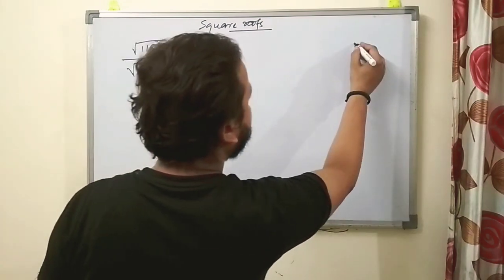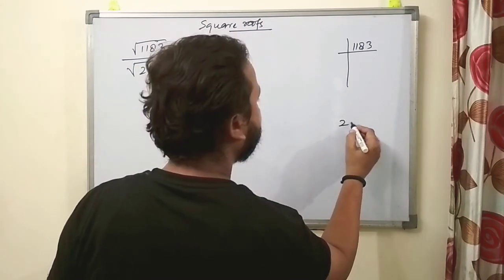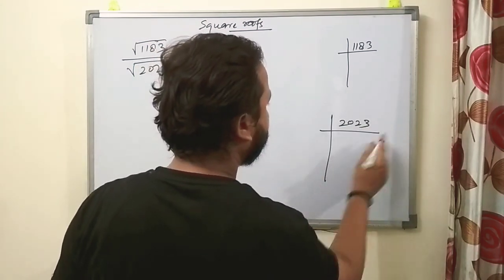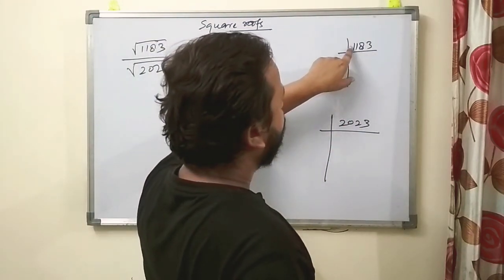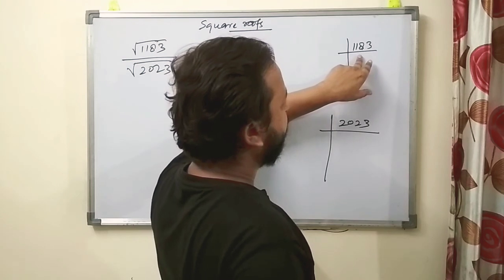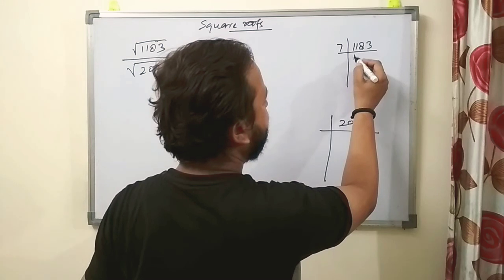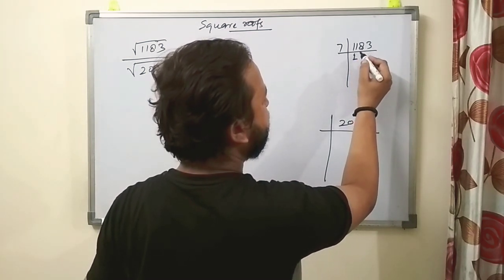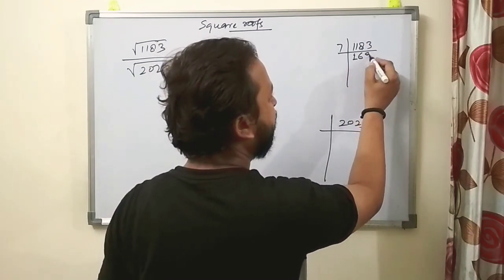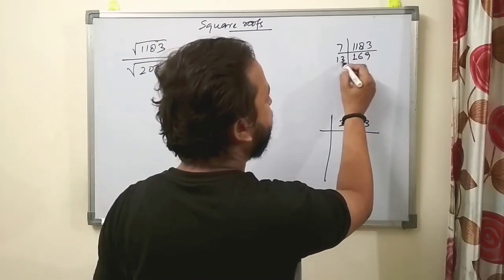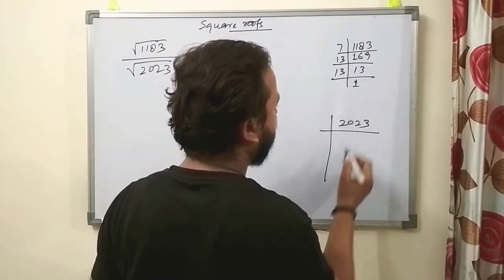So first just factorize it by the prime factorization method. 2, no. We try 3, no. 5, no. 7. 7 ones are 7, 7 sevens are 49, 7 nines are 63, right? So then 169 is the square of 13, so 13, right?